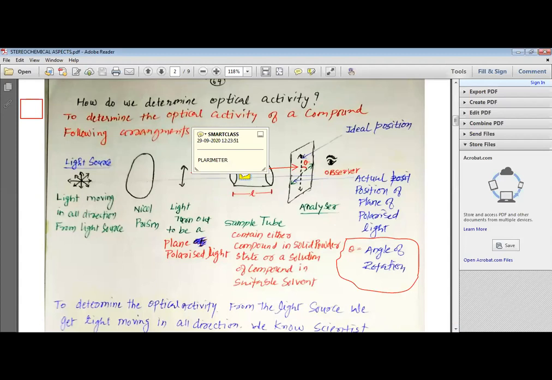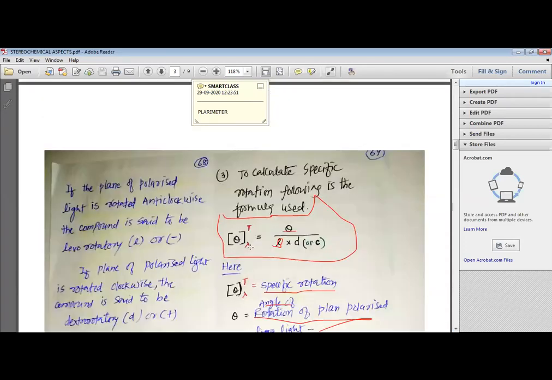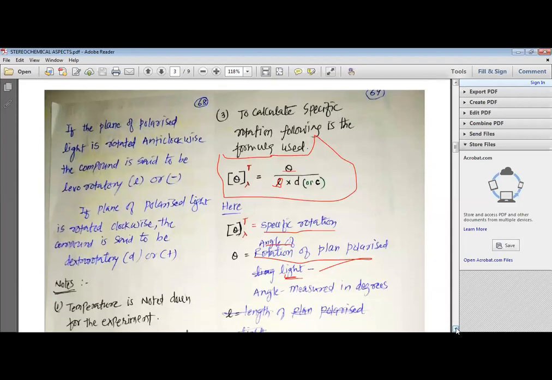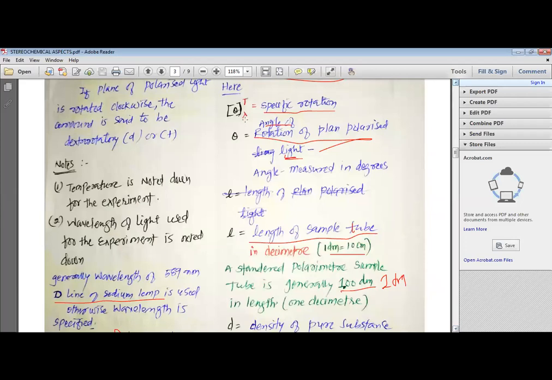If there is a rotation, we consider that rotation as theta, the angle of rotation for a particular compound, and by using the formula specific rotation [α] at temperature t and wavelength lambda is equal to theta divided by L multiplied by B or C, we can calculate the specific rotation. Remember that generally the D line is what we use here, that is 589 nanometer.